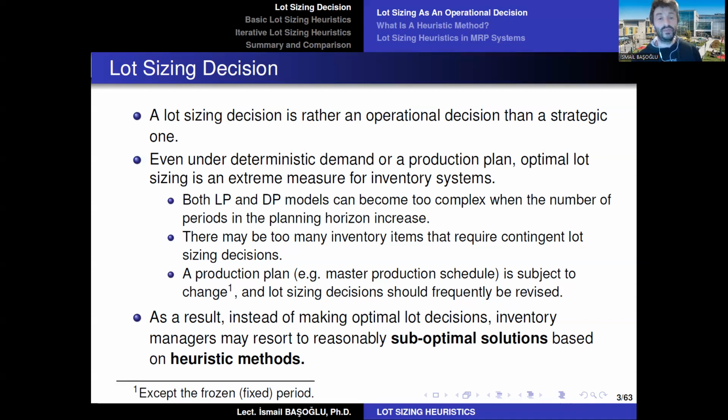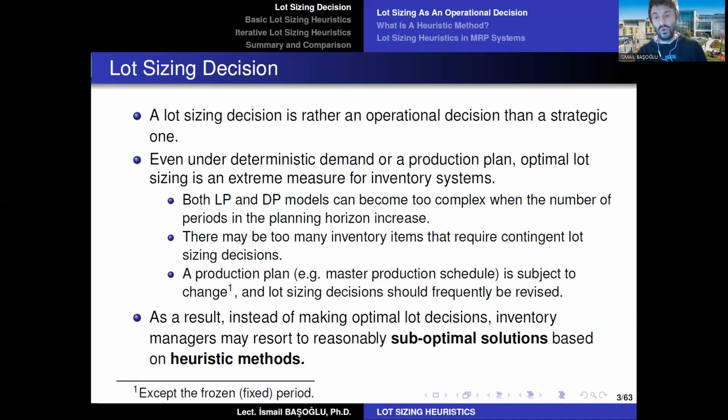And especially when you intend to optimize the load sizes for multiple inventory items simultaneously, you need to think about the dependence between these items, because think about a bill of material. Within a bill of material, there are several inventory items which should be dependent on each other when we are making inventory decisions, because there are parent and child relationships between the items in a bill of material.